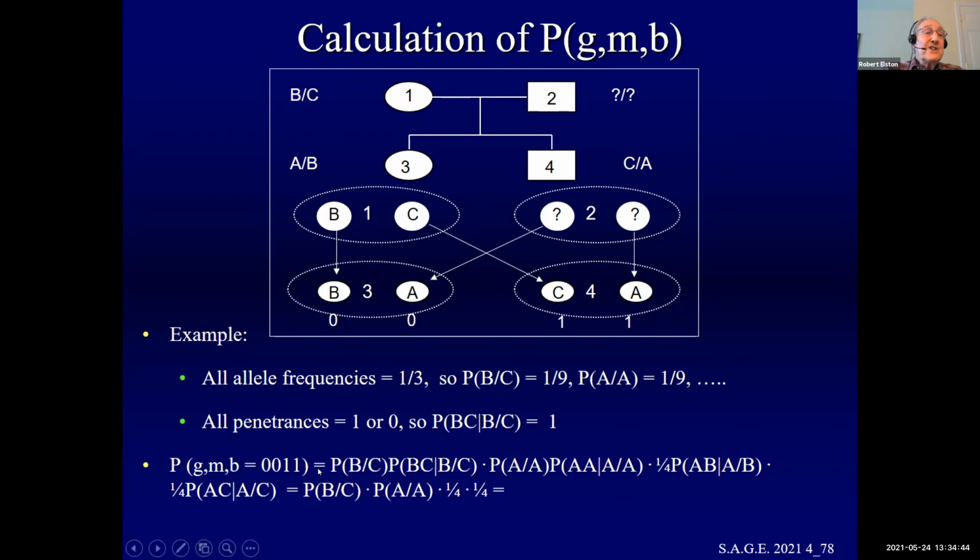Then it turns out that this probability of GM given B is 0, 0, 1, 1, with 0 grandmaternal and 1 grandpaternal, is going to be the population probability of B/C times the penetrance.